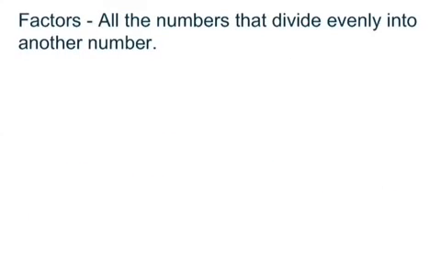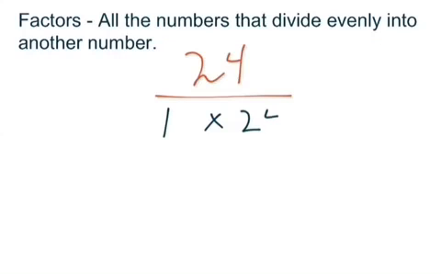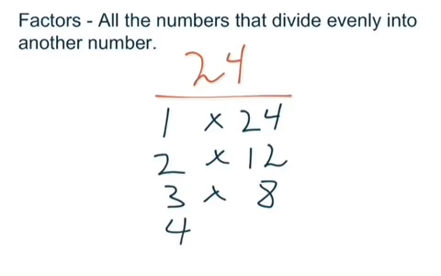So if you will recall, if we take a number like 24, for instance, and we think of all the different factors of 24, well, there's 1 times 24, 2 times 12 is 24, 3 times 8 is 24, 4 times 6 is 24, 5 does not go into 24, and then 6 times 4 is 24, which is a duplicate.